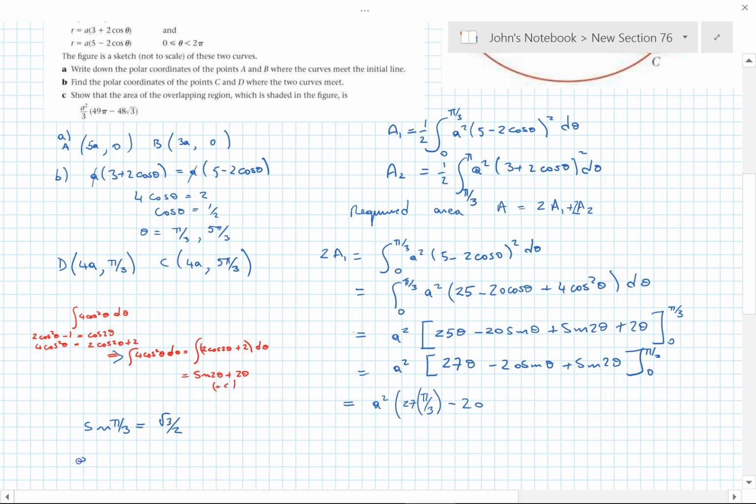Square root of 3 over 2, and also sine 2 pi by 3 is also the square root of 3 over 2. You're basically at the top of your sine graph here. That's 60 or 120 if we're in degrees. Okay, you're going to use a calculator, but really. Anyway, so sine pi by 3 is equal to square root of 3 over 2 plus the square root of 3 over 2.